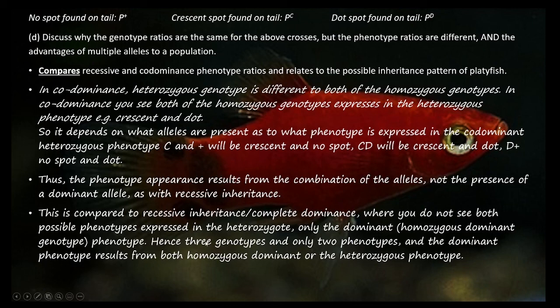Hence you have 3 genotypes, but only 2 phenotypes. And the dominant phenotype results from both homozygous and heterozygous genotypes. Okay, you see how we took that a little bit further and we just unpacked it more. Brilliant, another E for you.